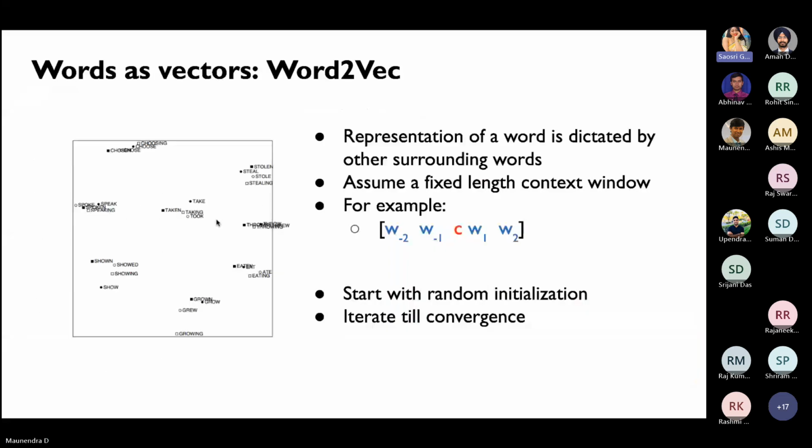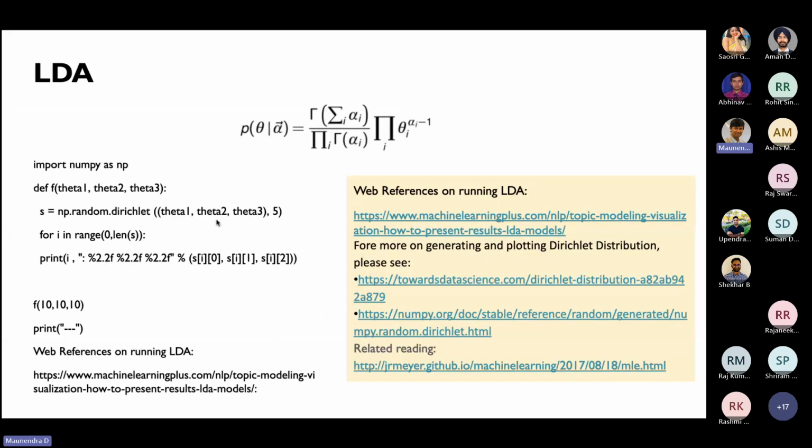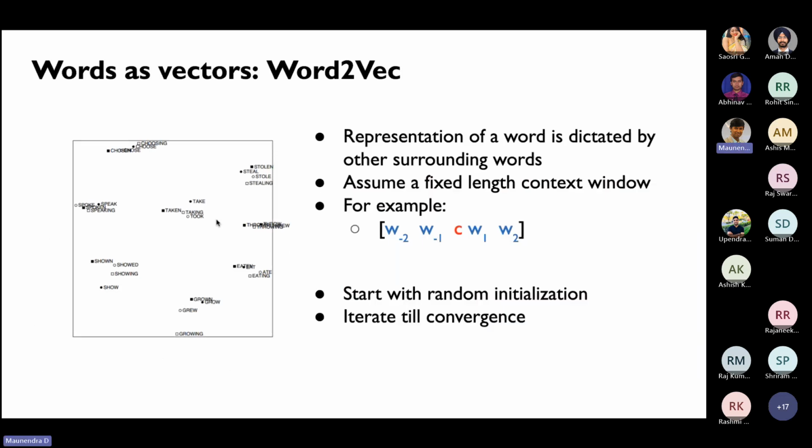Okay. So till LDA, we saw the things. Then we will look at some modern techniques for representing words. One of the very popular techniques was word2vec. The goal is again to get representations for words, and this technique was proposed in 2013.